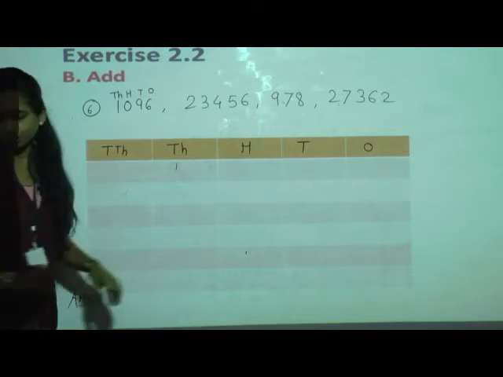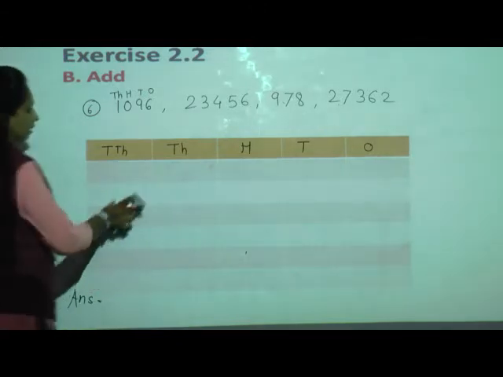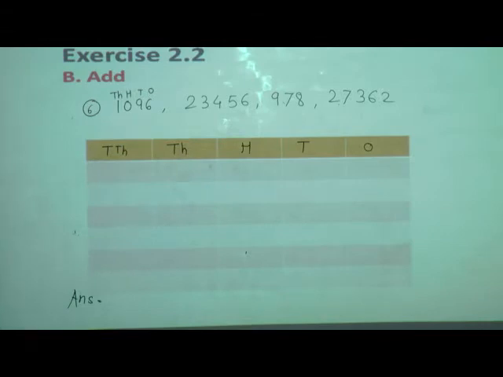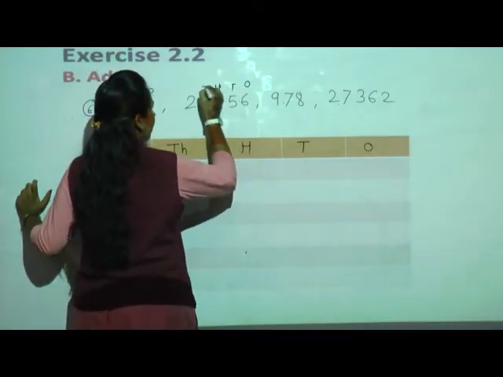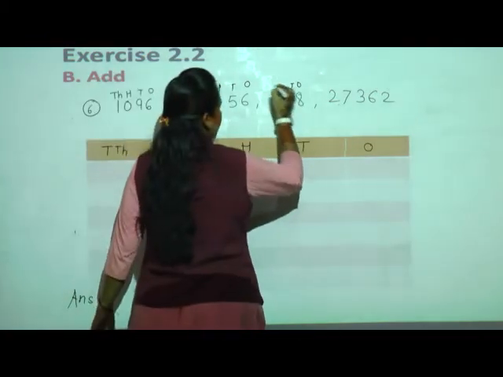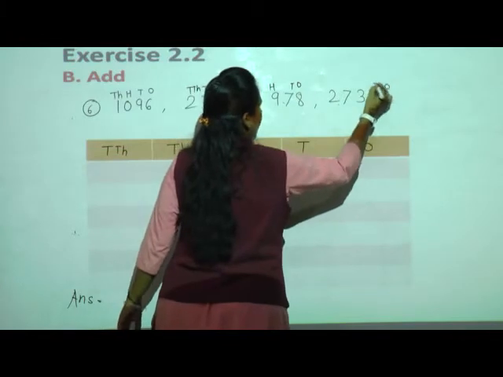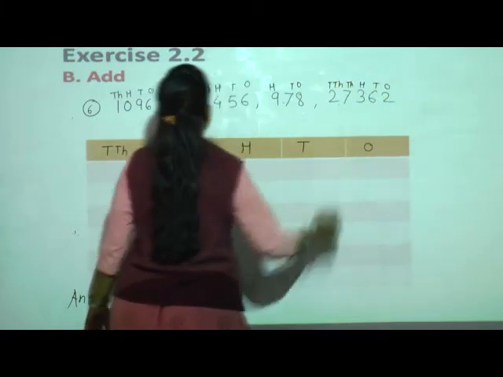Okay? So don't hurry and don't be confused. Go with the place values only. See, ones, tens, hundreds, thousands, ten thousands.